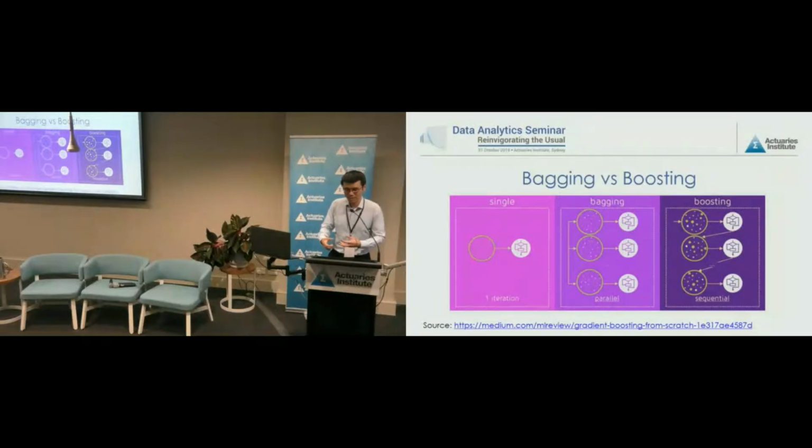The model you build might be very simple. You've got lots of error, but it doesn't matter. You iteratively improve on these models. So you have a second model predicting on the errors, and then you keep going and do that for hundreds of times or thousands of times. So GBM is a boosting method.